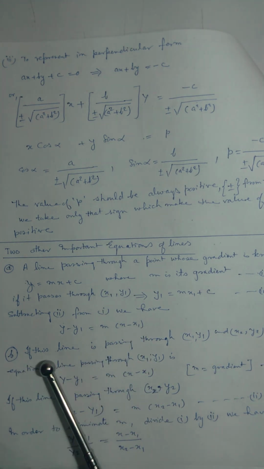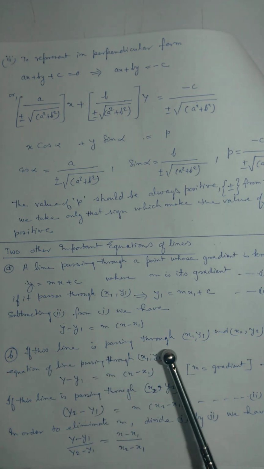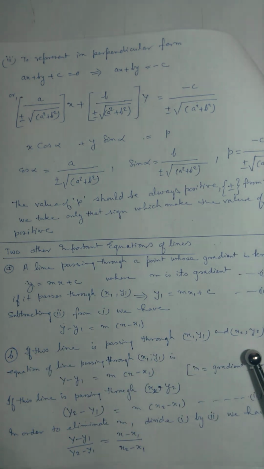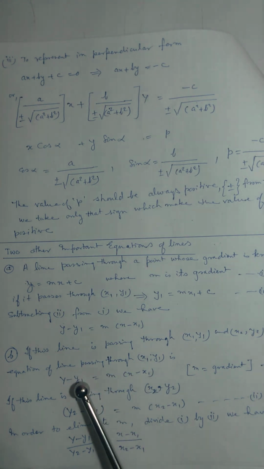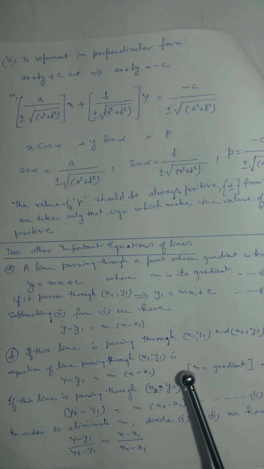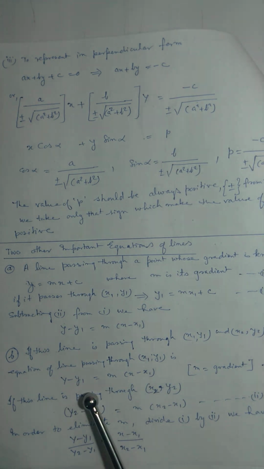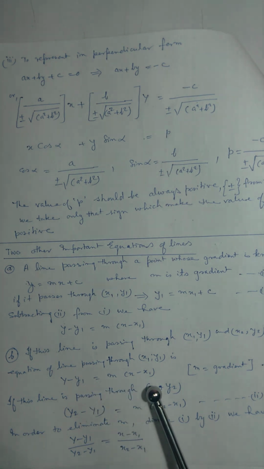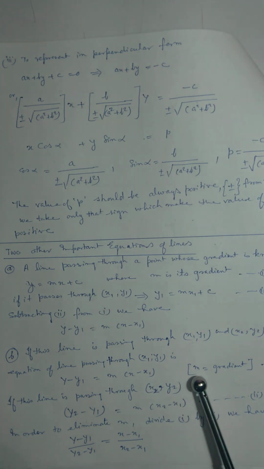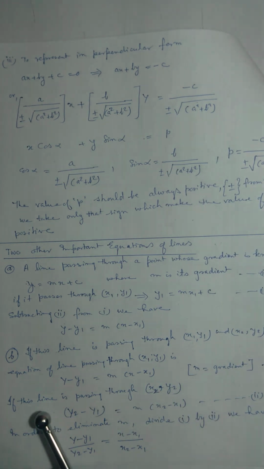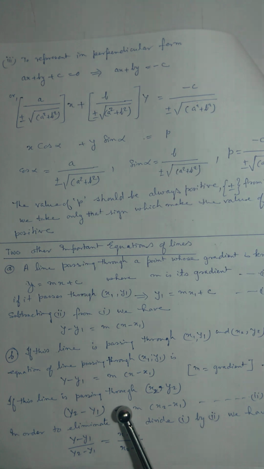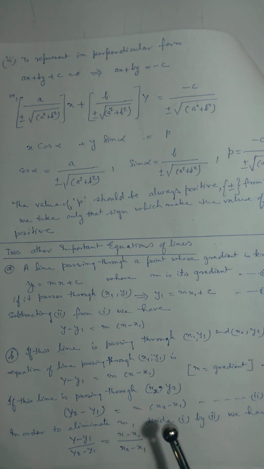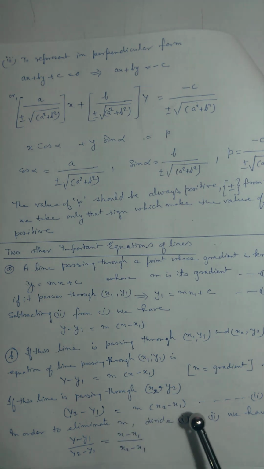Now if this line is passing through the points x1 y1 and x2 y2, the equation of the line passing through x1 y1 is y minus y1 is equal to m into, in brackets, x minus x1, where m is the gradient. If this line is passing through x2 y2, that is y2 minus y1 is equal to m into, in brackets, x2 minus x1.